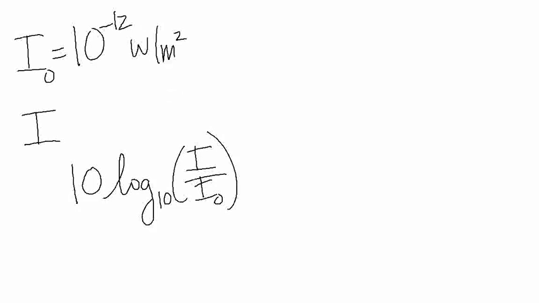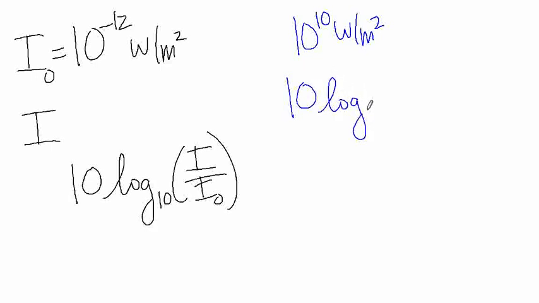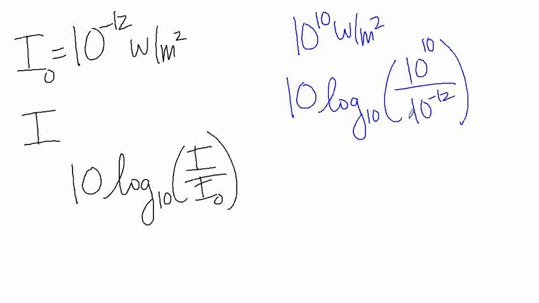Let me immediately do an example to make that more clear. Suppose we had a sound intensity of 10 to the 10 watts per meter squared. To find the corresponding number of decibels, I'm going to do 10 times the log to the base 10 of 10 to the 10 divided by 10 to the minus 12.